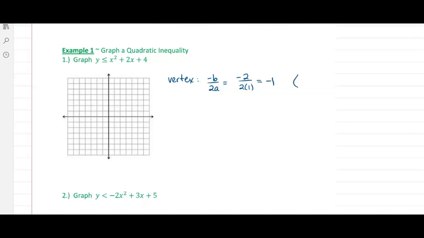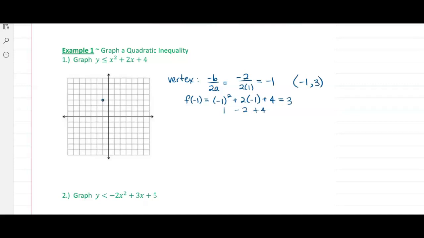So I know part of my vertex is negative 1. Now I need to find f of negative 1, which is negative 1 squared plus 2 times negative 1 plus 4, which gives me 1 minus 2 plus 4. That gives me 3. So negative 1, 3 is my vertex.